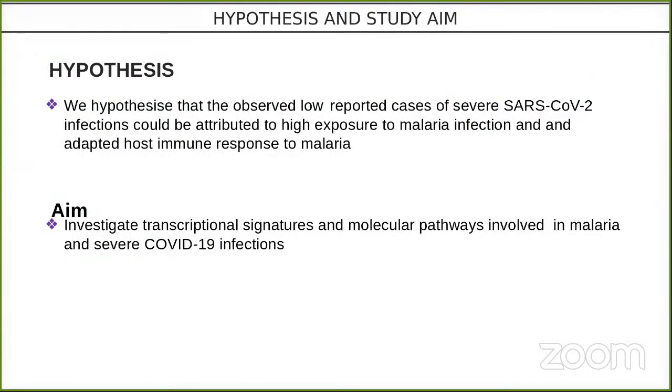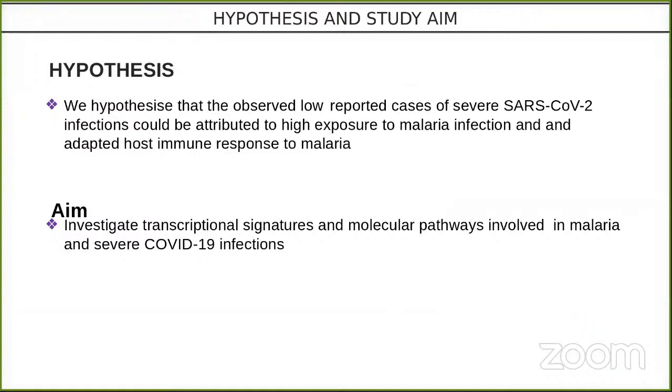For our study, we hypothesized that the observed low reported cases of severe SARS-CoV-2 infections could be attributed to the high exposure to malaria infections in malaria endemic regions, and the adapted host immune responses to malaria.